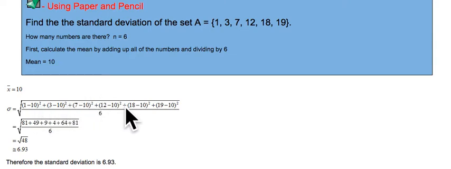That's the sum of each one of those differences from the mean. So you subtract the mean from each one of the data points. You'll see 1 minus 10 squared, 3 minus 10 squared, 7 minus 10 squared, etc. Then we divide by the number that was in the set. We know that was already 6. Divide that by 6 and take the square root of that whole thing. So 81 plus 49 plus 9 plus 4 plus 64 plus 81, all divided by 6 is 48. So approximately 6.93 is the standard deviation.